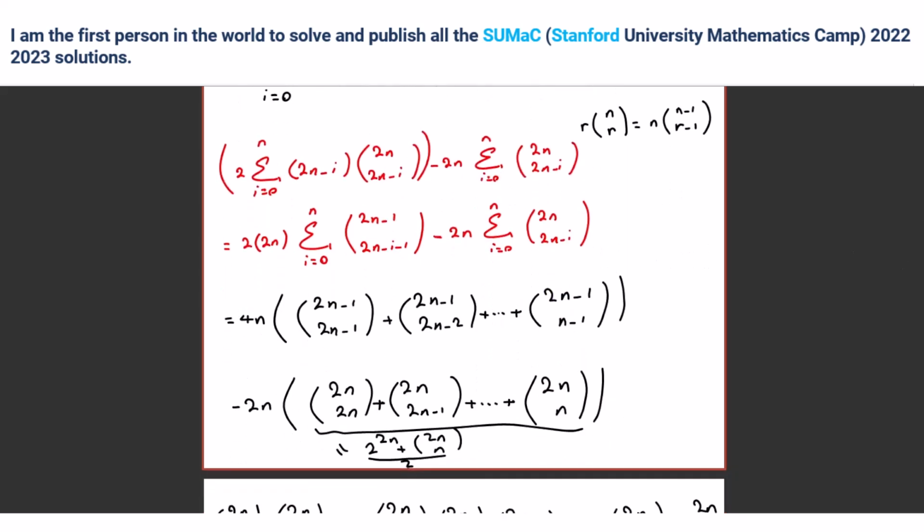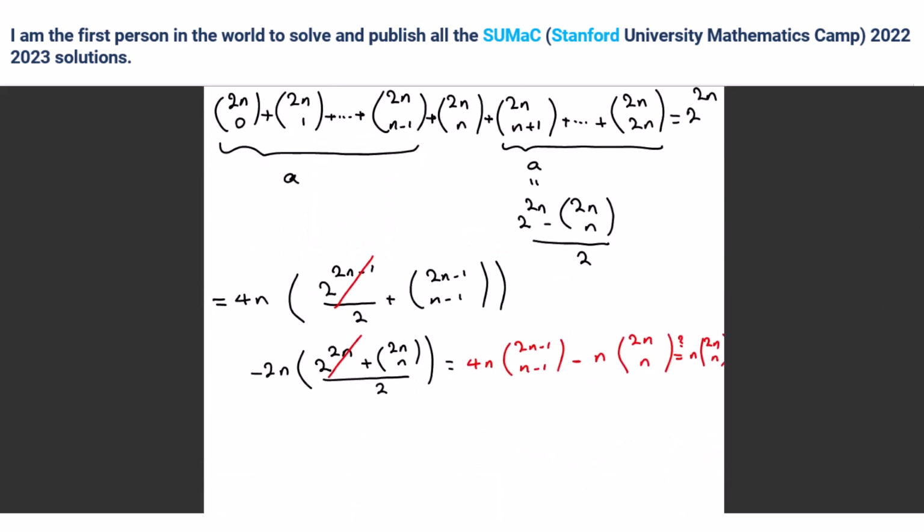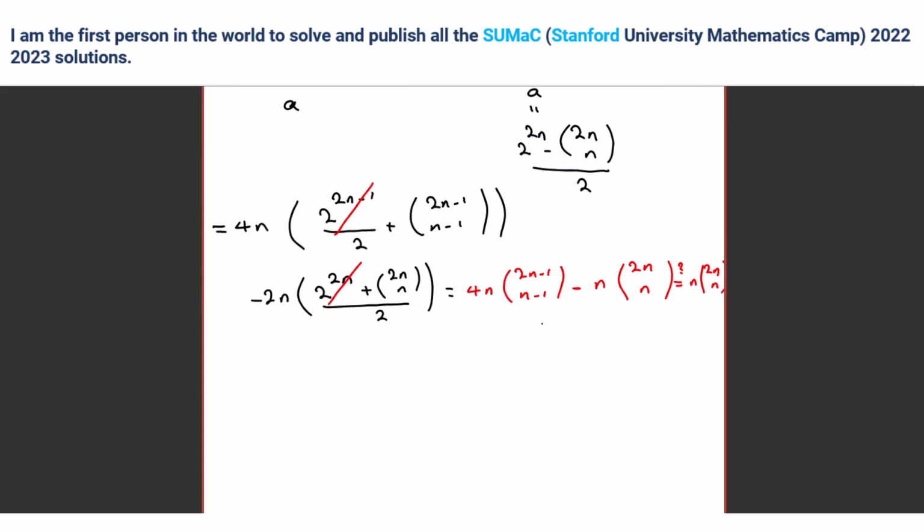So if we consider this one, 2n minus i times this would be 2n times 2n minus 1 times 2n minus i minus 1 minus 2n times this. Okay, so it would be 4n times 2n minus 1 choose 2n minus 1, 2n minus 1 choose 2n minus 2, 2n minus 1 choose n minus 1, minus 2n times 2n choose 2n, 2n choose 2n minus 1, all the way.